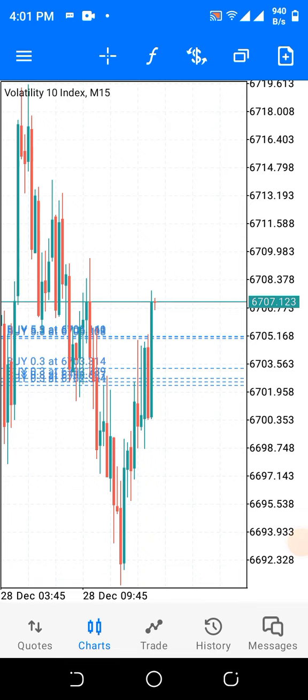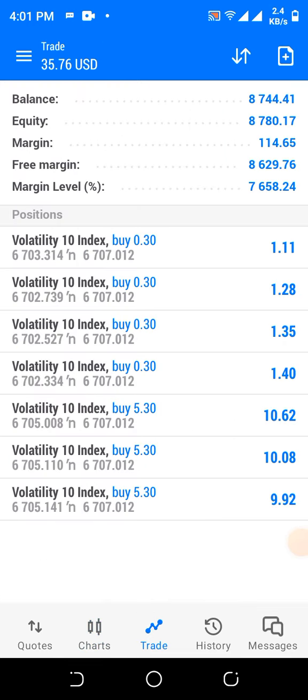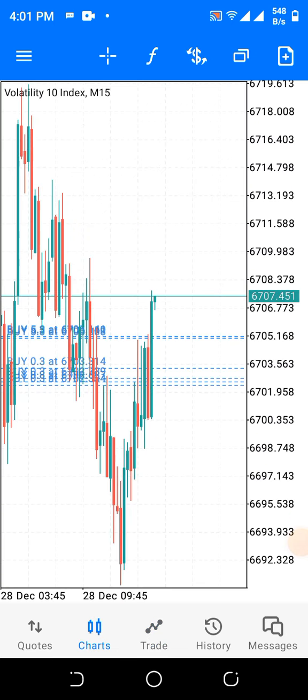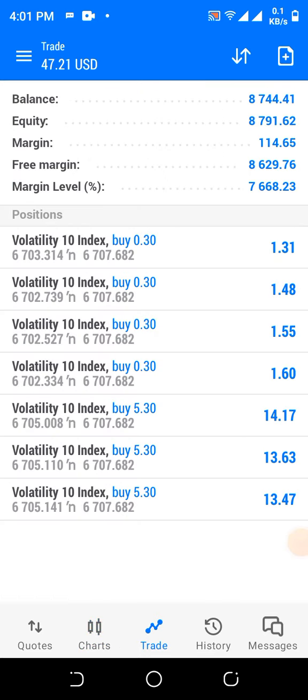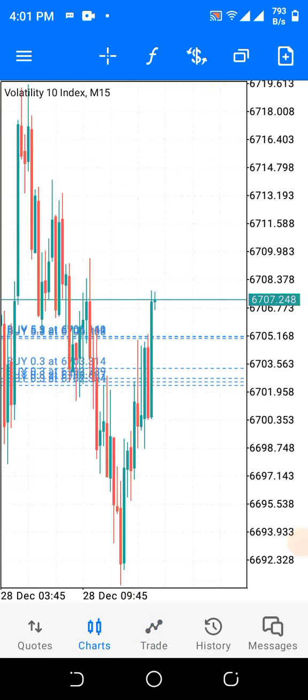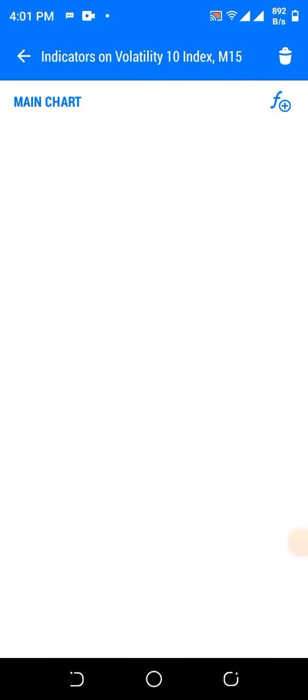Now let me insert the Williams percent indicator, so that you will know how to insert the indicator. The first thing is for you to go to function.